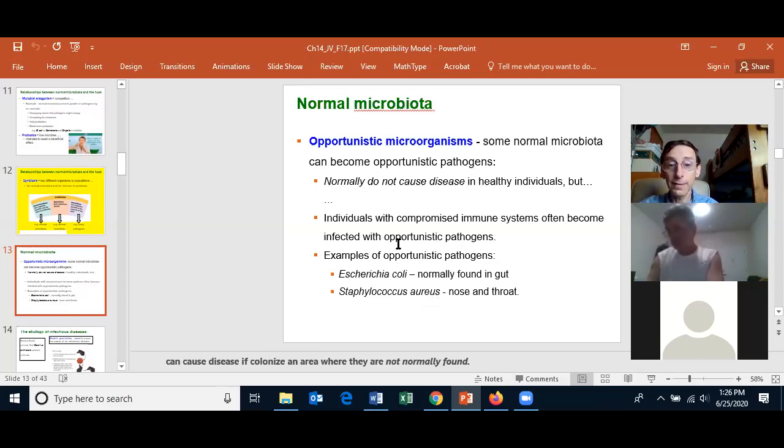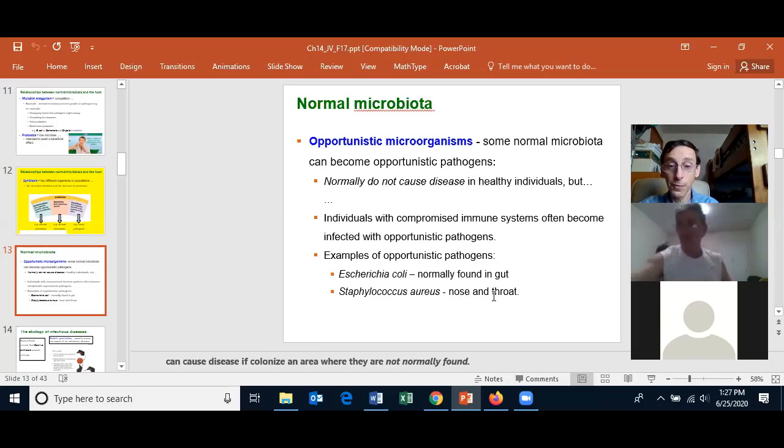All right, so that's some opportunistic pathogens. Another one would be E. coli. It's normally found in the gut, and if it's growing somewhere else, that would be an opportunistic pathogen. And I mentioned Staphylococcus aureus is found in about 50% of Americans in the nose and in the throat.